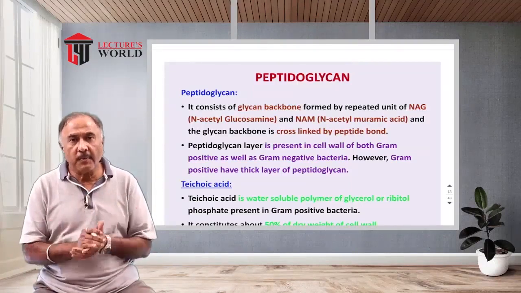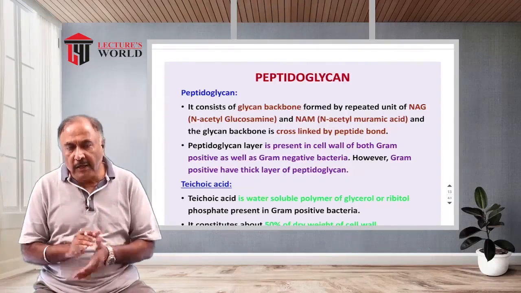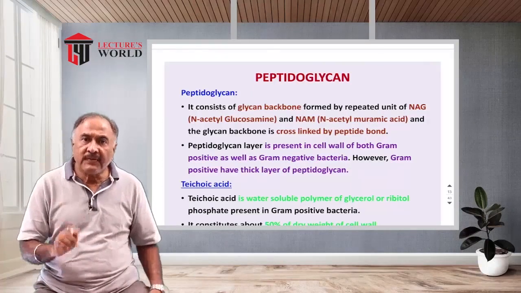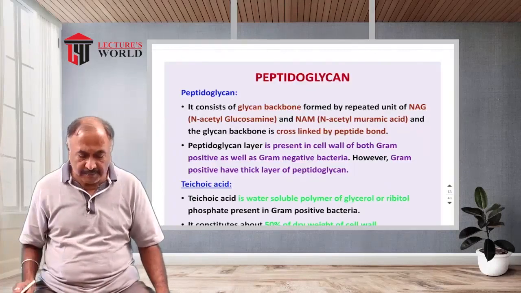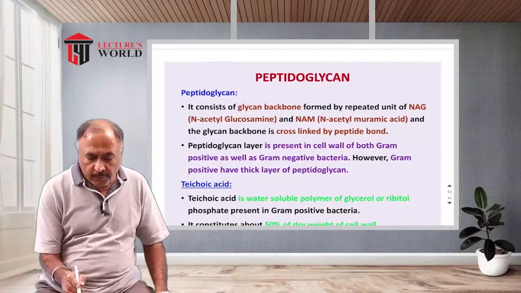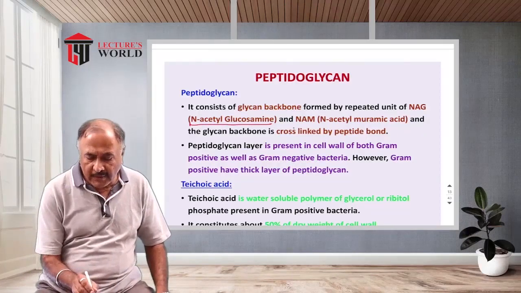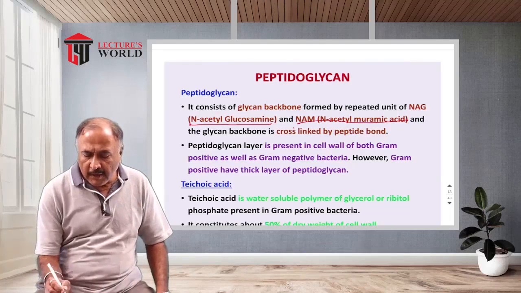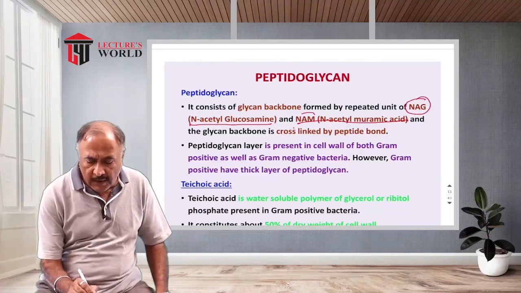This sugar backbone is made from alternating units of two things, N-acetyl glucosamine and N-acetyl muramic acid. In short, these are written as NAG and NAM.